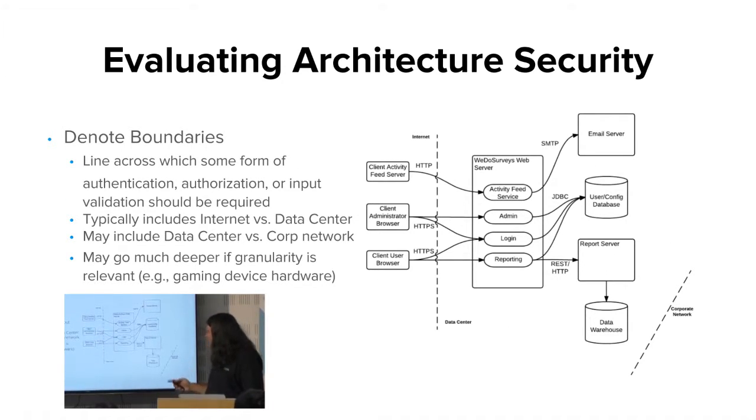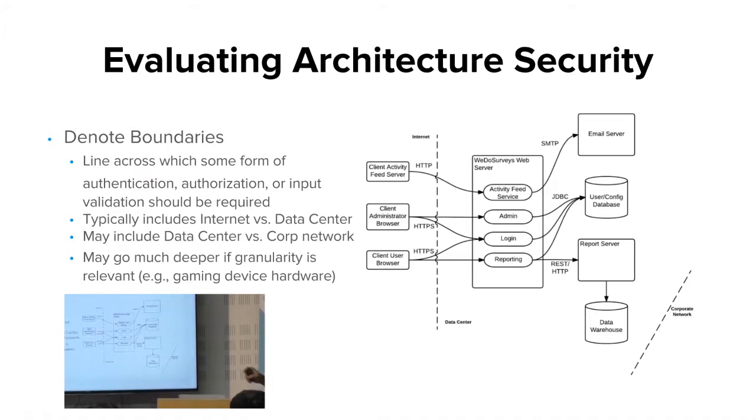Okay, a next step is to denote the boundaries. Boundaries don't necessarily need to be network boundaries. There certainly is, if not a network boundary, at least a strong logical boundary between your web server and the clients that access it.